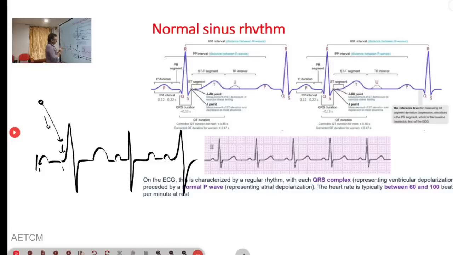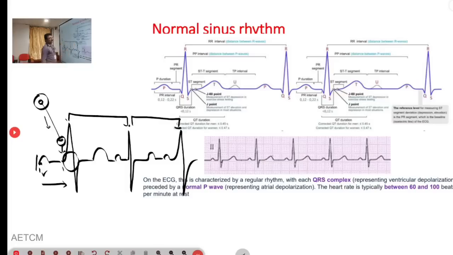So what is sinus rhythm? Sinus rhythm means you need to have a normal P wave, a normal PR interval. I'll tell what the normal PR interval is. Then you need to have a QRS complex after every P wave. That means every activation of the SA node will be followed by an activation of the AV node. Then the RR interval has to be equal or regular.